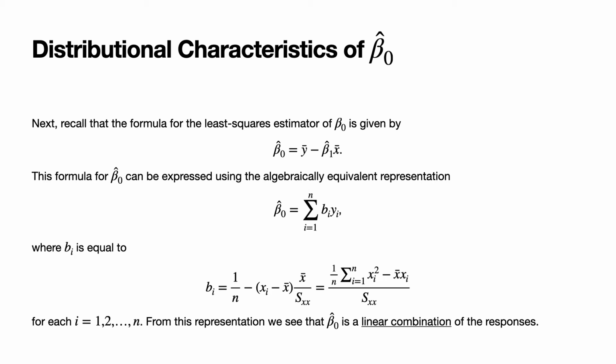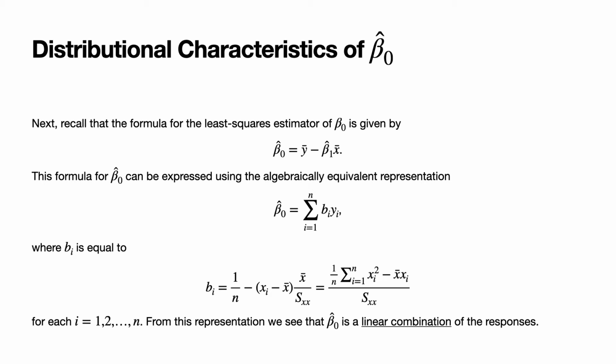This formula for beta 0 hat can be re-expressed using the algebraic equivalent expression beta 0 hat equal to the sum, i going from 1 to n, of b sub i times y sub i, where b sub i is equal to the expression shown here, and I've actually got two expressions that we can use to represent b sub i.